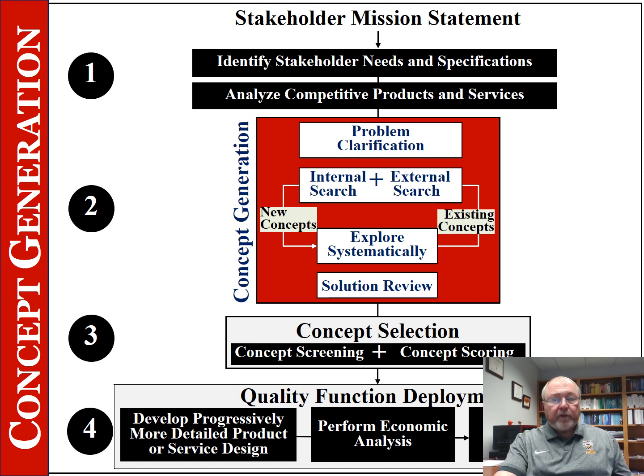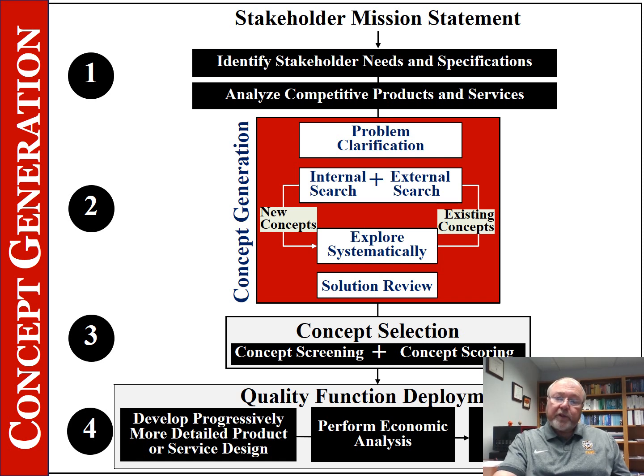So make sure that you understand your problem. Search internally and externally. Searching internally would be looking at what it is that you as an individual on the team know, what the other individuals on the team know, and collectively what you know. Searching externally, that would be looking at things like trade publications, patents, things of that sort, competing products that are already out there.